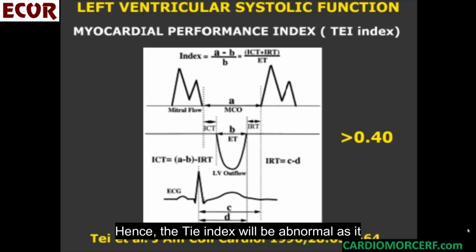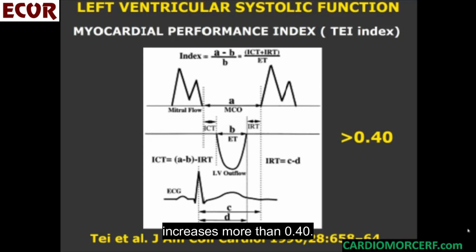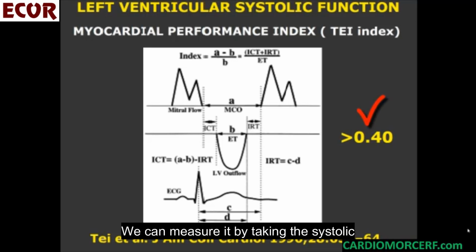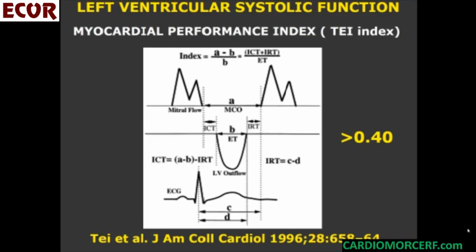Hence, the TI index will be abnormal as it increases to more than 0.40. We can measure it by taking the systolic time from the end to the beginning of the mitral flow, then dividing it by the ejection time.